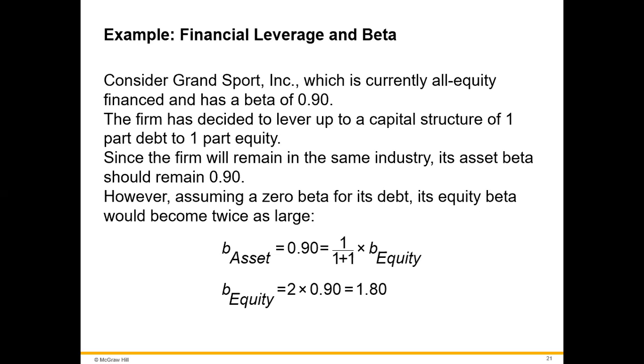Now you have to multiply it. Now the equity beta, because the debt has no beta, no risk, is 1.8. So the equity risk or equity beta increases. So we're showing you the relationship there.